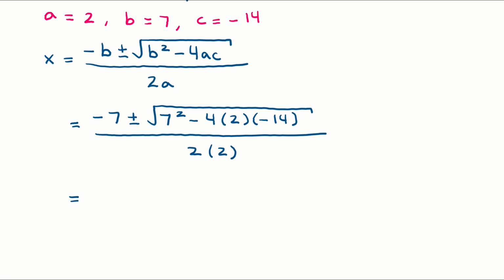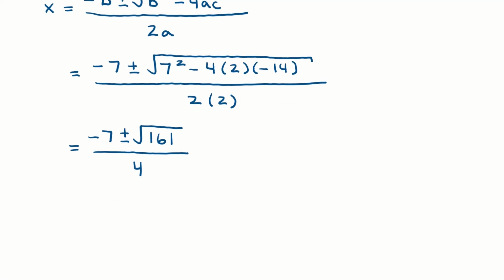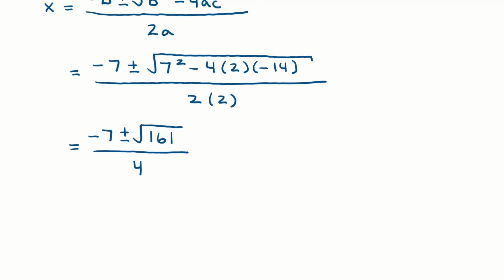Let's simplify this a little bit more. I'm just going to simplify everything that's under the square root sign, giving us negative 7 plus or minus the square root of 161, over 4. And that is going to be our answer. So technically we have two answers for x that could work here.